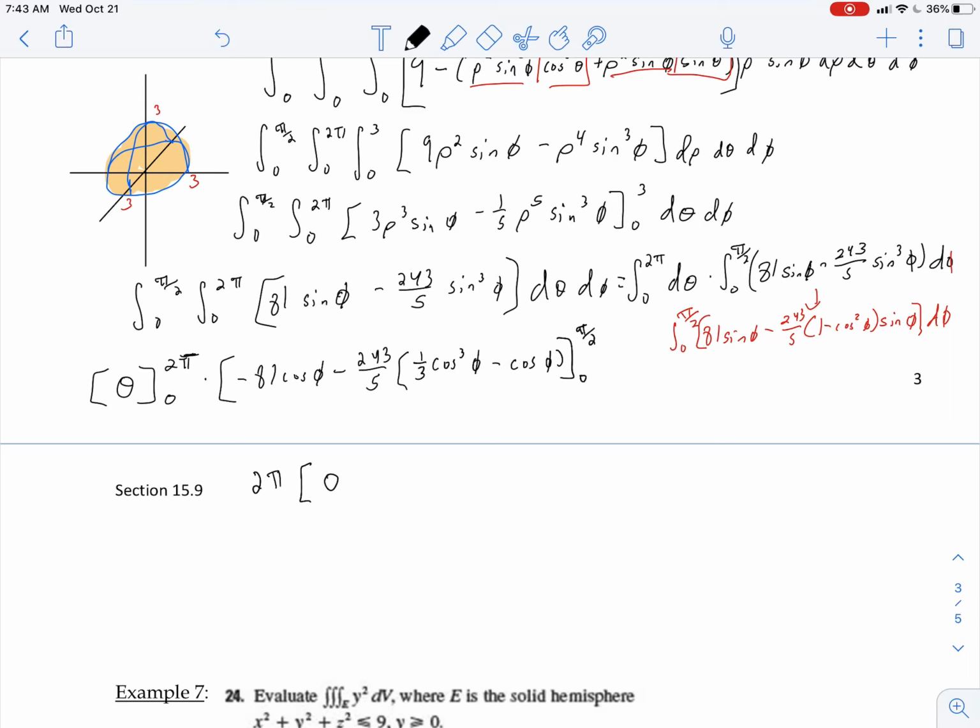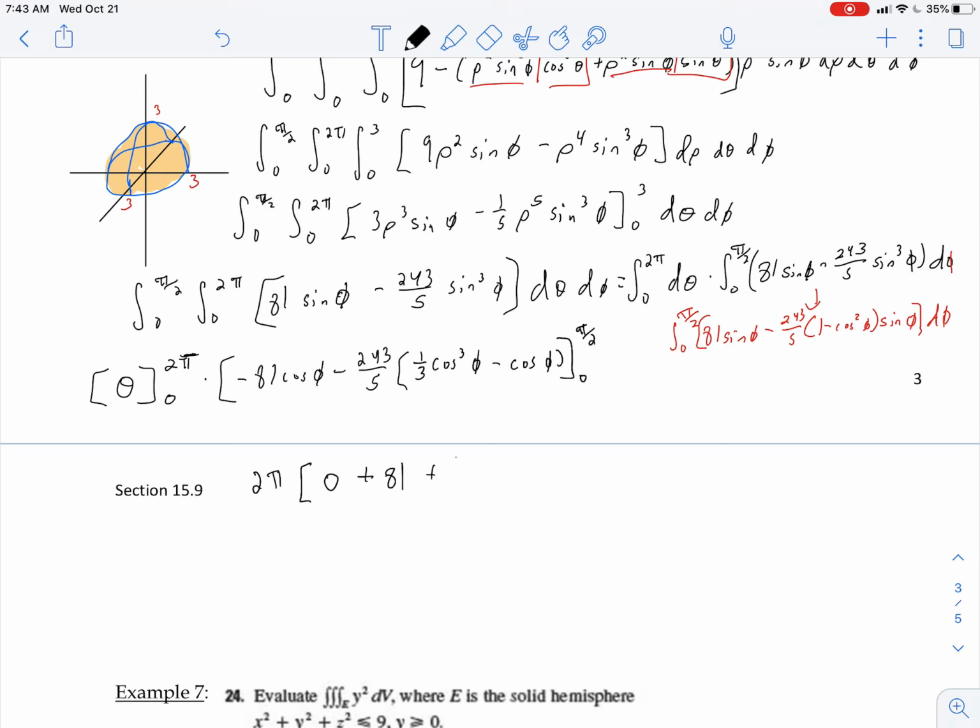Plug that in, we're going to get 2 pi times, plug in our pi over 2, cosine pi over 2 is just 0, so 0 minus 0, which is 0, so that's just going to cancel out. Plug in 0, and we're minusing all that, so it's going to be plus 81.